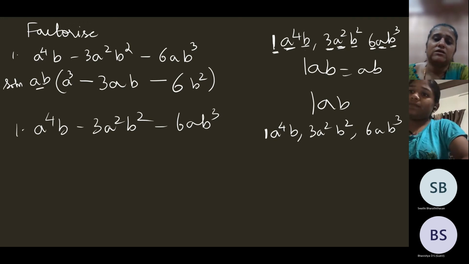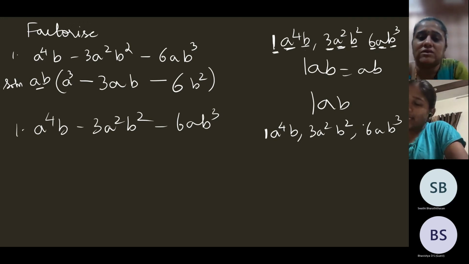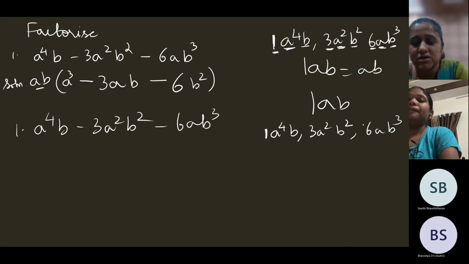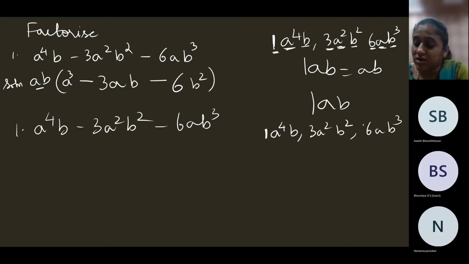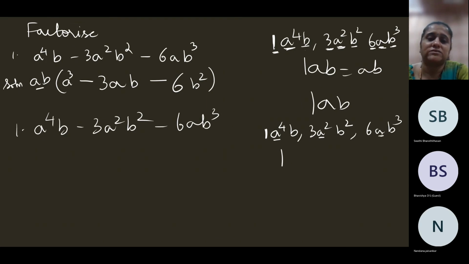To factorize, we're trying to take out the HCF of all these three terms. So what is the HCF of 1, 3, and 6? 1, ma'am. Next, what's the HCF of a to the power 4, a square, and a?